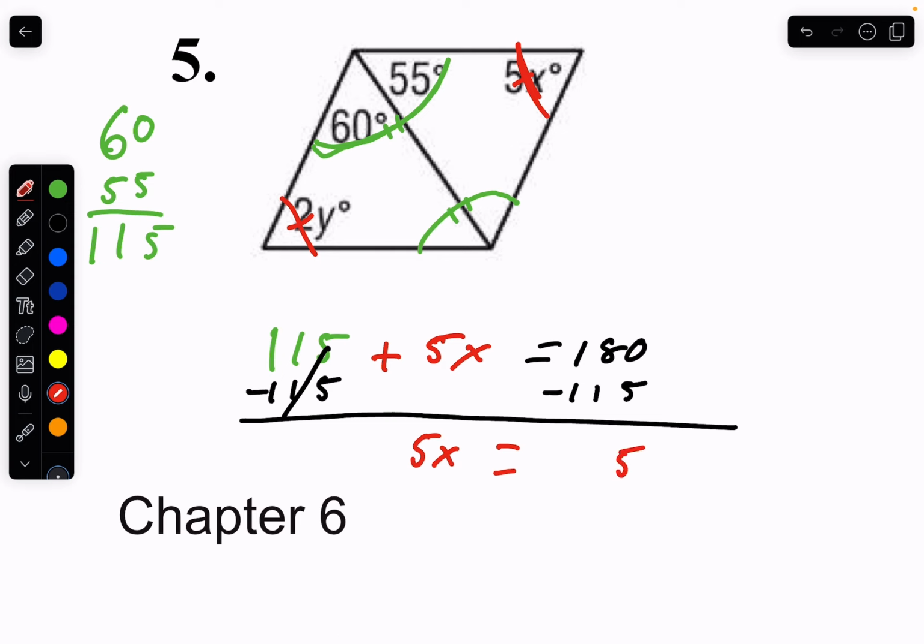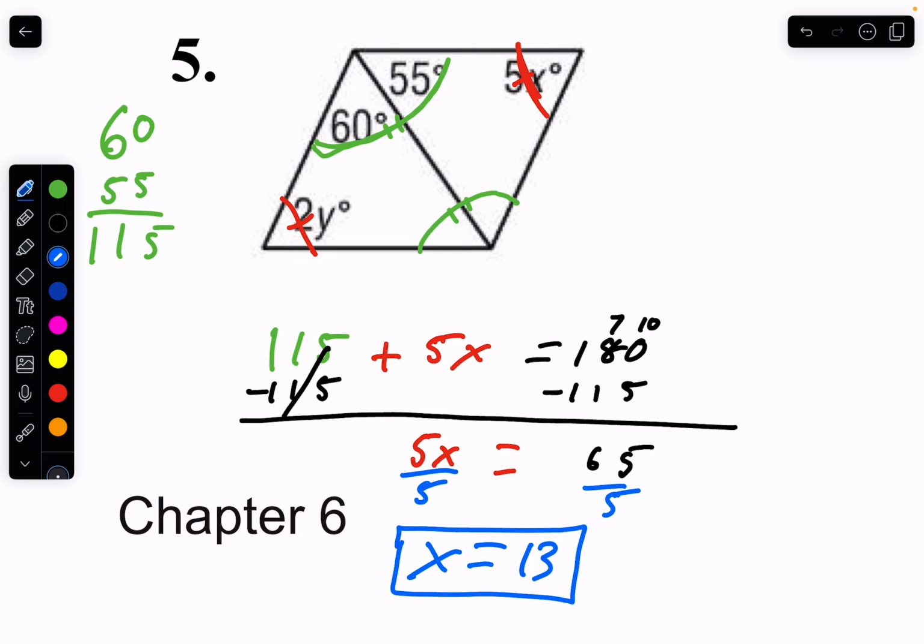Let me do that in black so that we know that we are keeping the colors consistent. So 7, and here we have a 10. So this is a 5, that is a 6, and then of course 0 for 1 minus 1. So now we're going to divide by 5. We divide by 5, and x equals 13.